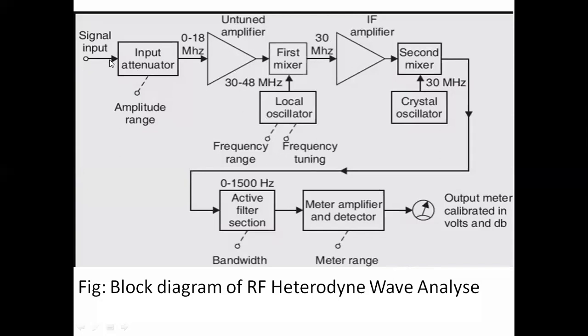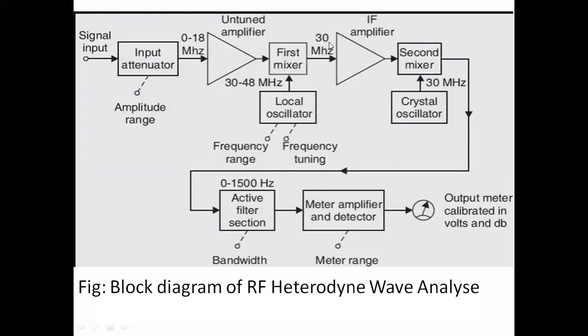With unknown signal frequencies, we are getting some signals but are unable to identify which component has that particular frequency. So in the first mixer, we can adjust the local oscillator to produce the 30 megahertz difference. In such a way we can adjust.